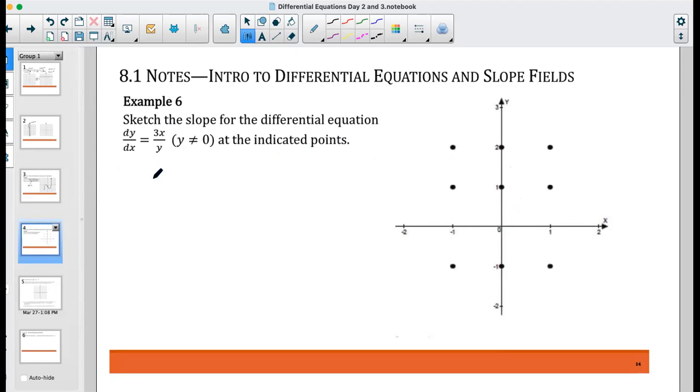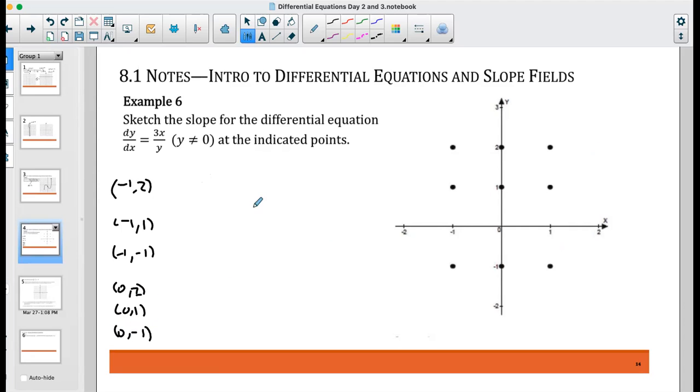So let's see here. Maybe I'll start here. That's (-1, 2) is a point. (-1, 1) is a point. (-1, -1) is a point. And then I have (0, 2), (0, 1), and (0, -1).